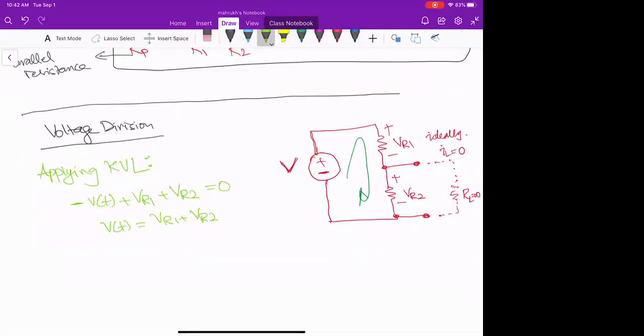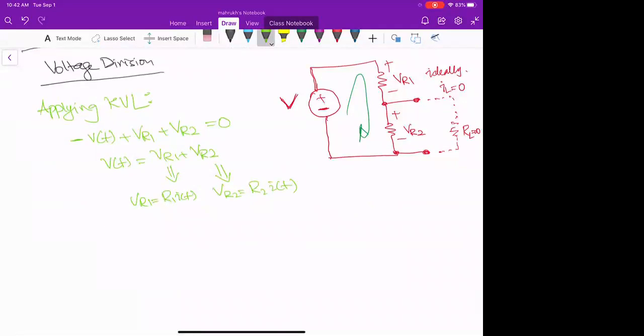According to Ohm's law, we know that VR1 is equal to R1 I of t, VR2 is equal to R2 I of t. And if I replace this as it is here, I will write it as R1 I of t plus R2 I of t.